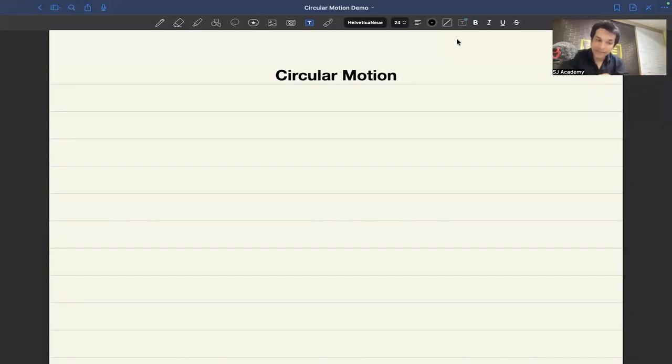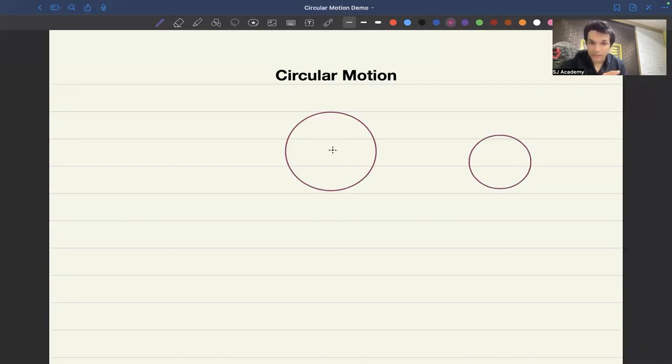Now, the next thing is that when we talk about motion in a circle, let's say I make a circle over here and a smaller circle over here. Moving 10 meters on this circle and moving 10 meters on this circle can mean two completely different things, right?